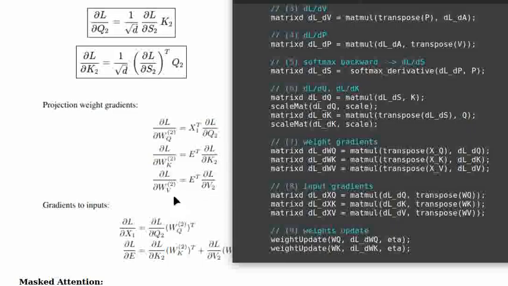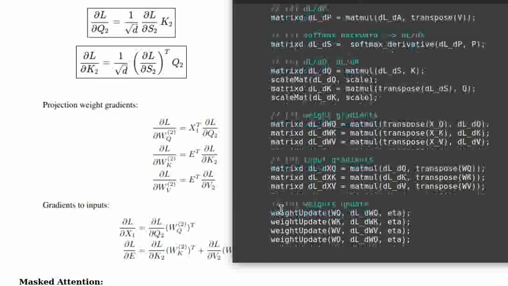And dL/dWV is the transpose of XV, XV is the E here, okay, times dL/dV.